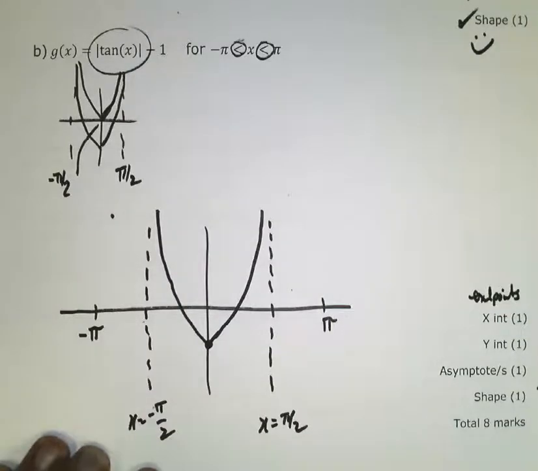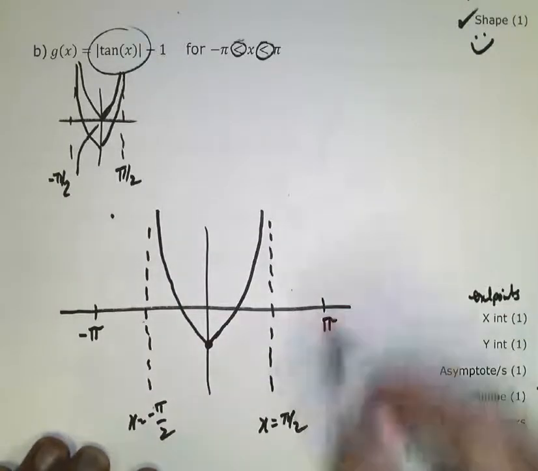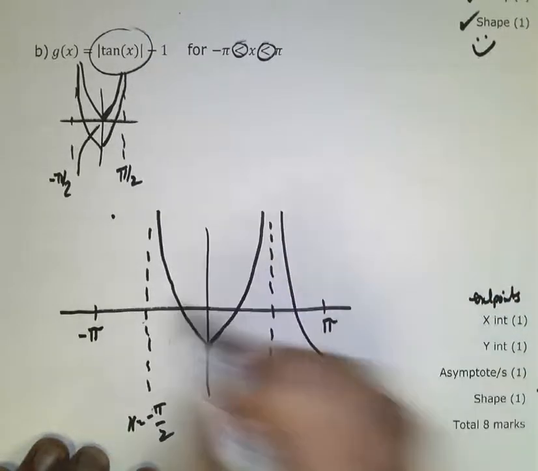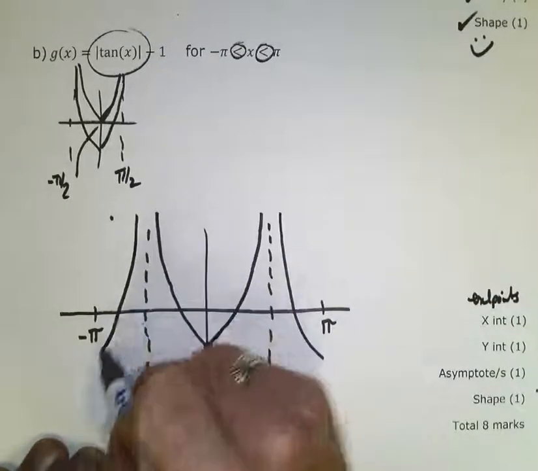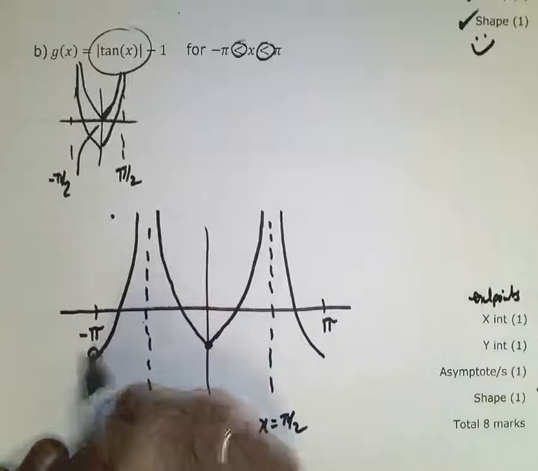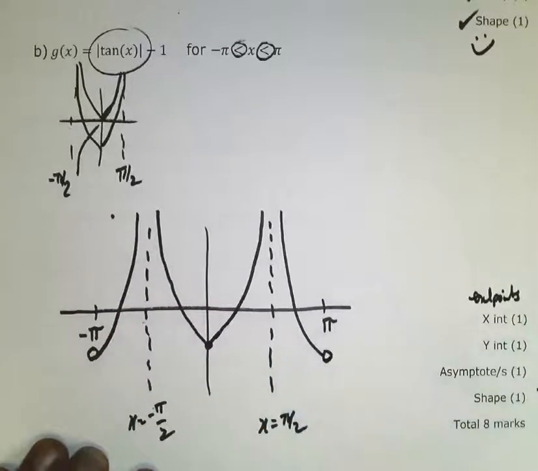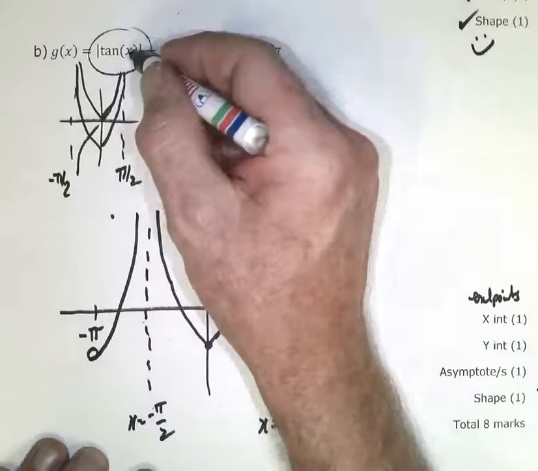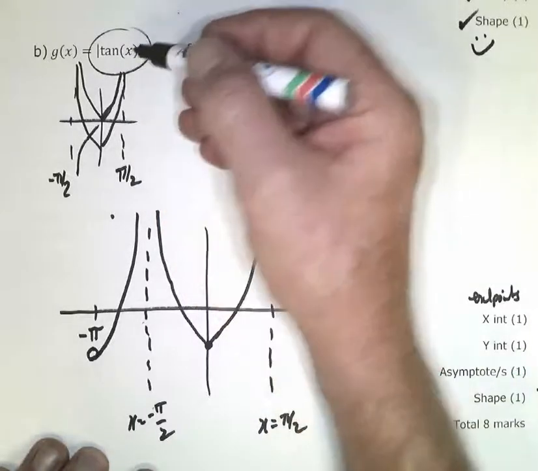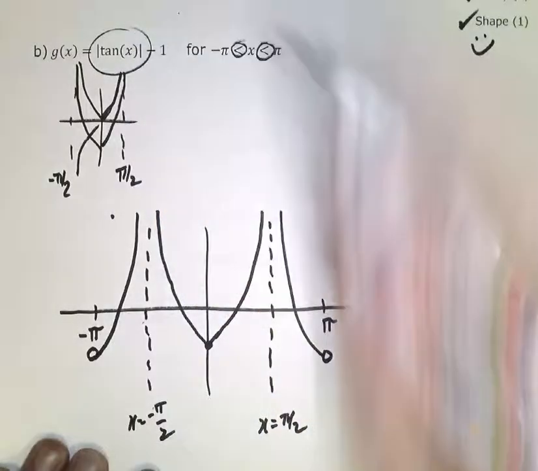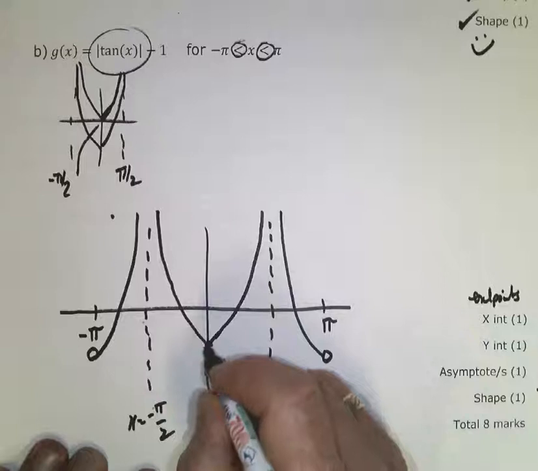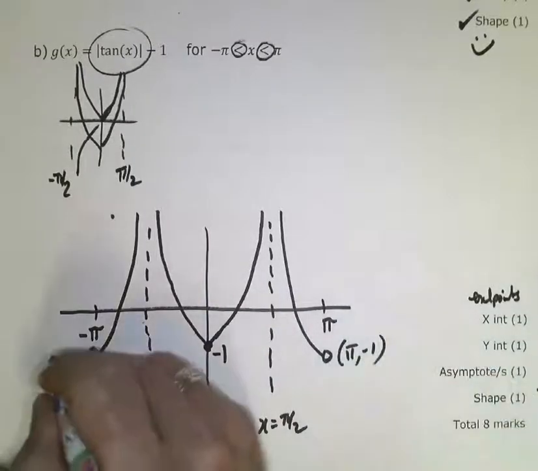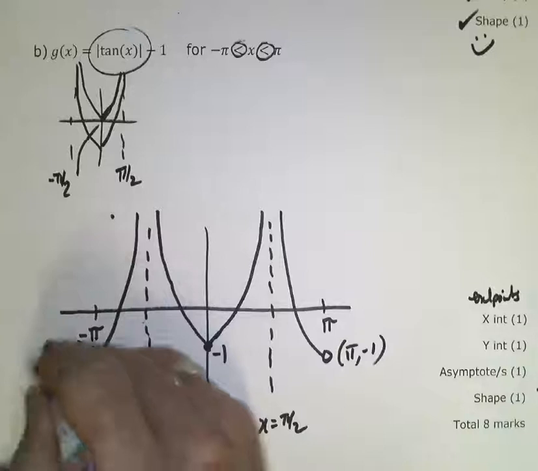And I'm going to have another curve that's going to look like that. And another one that's going to come down and look like that. I'm going to have an open circle and an open circle. Now, when I have tan of pi, that's going to be 0. So that's going to be negative 1, negative 1, pi, negative 1, negative pi, negative 1.